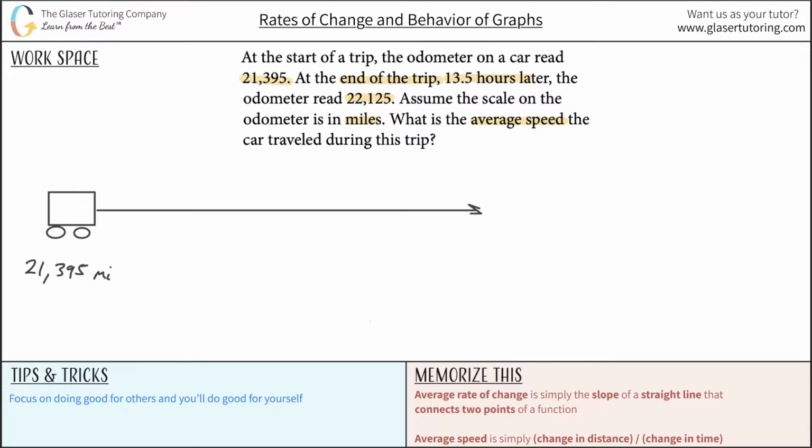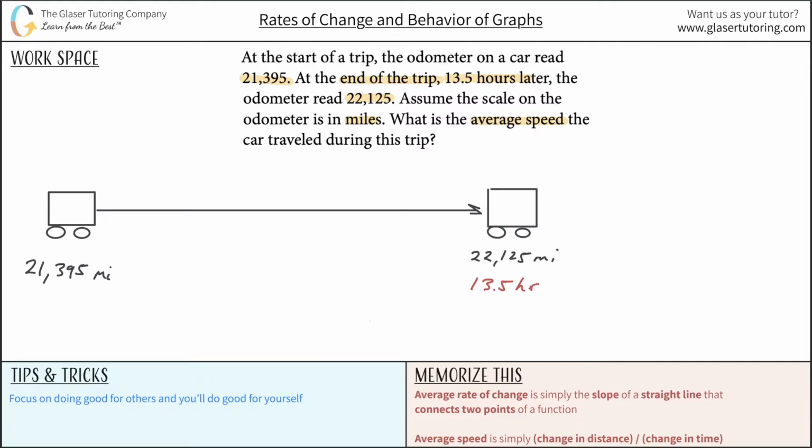When you arrive at your destination over here, you look down at the odometer on the dashboard, and it will now read 22,125 miles. And you also know that the time that has elapsed over this particular distance is going to be 13.5 hours. So I'm just going to write that down here, 13.5 hours.